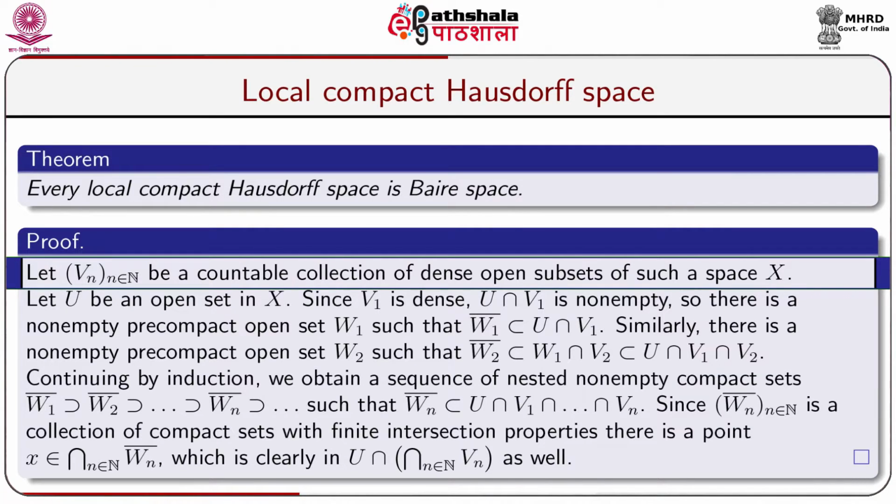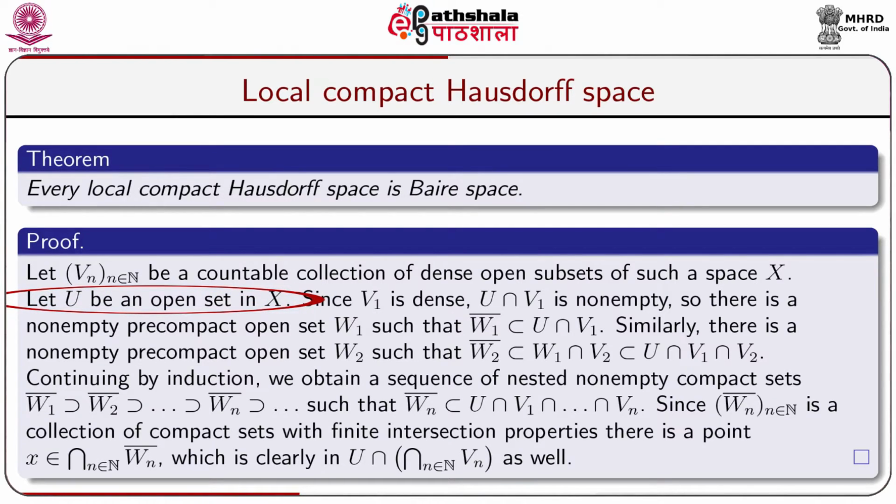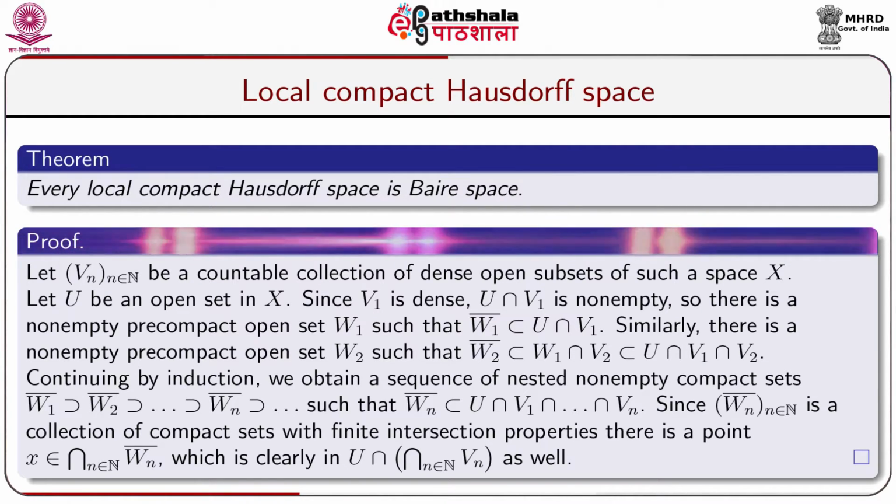Let Vn be a collection of dense open subsets of a Baire space X. We want to show that the intersection of Vn is also dense in X. For this, let us choose a non-empty open set U in X. We have to prove that U intersection the intersection of Vn is non-empty.